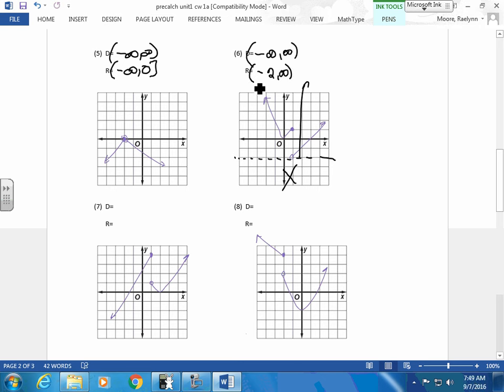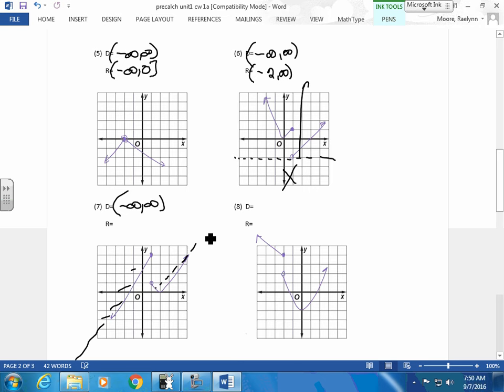How about number 7, domain? All real numbers. Negative infinity to infinity. And your range? All real numbers again, right? Because all of these get used down here and that goes on forever.